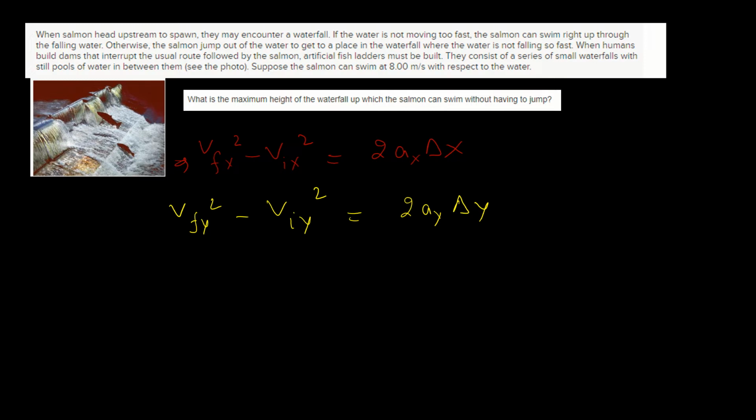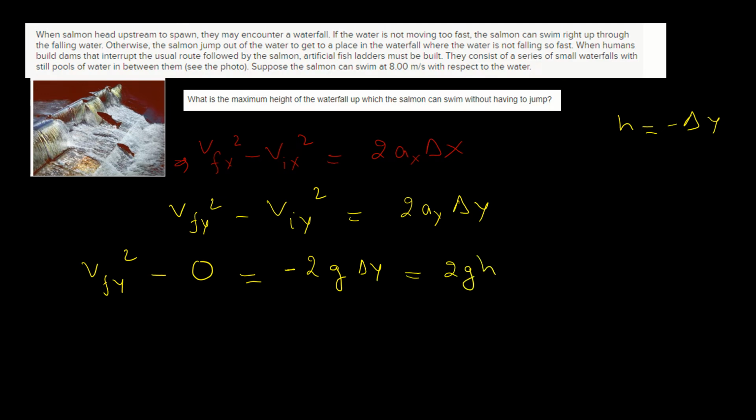Now again, v_fy squared minus 0, since the initial velocity is 0, and acceleration in this case will be negative g, and delta y will be h. So in this case we can say that h is the negative of delta y, and this becomes 2gh.